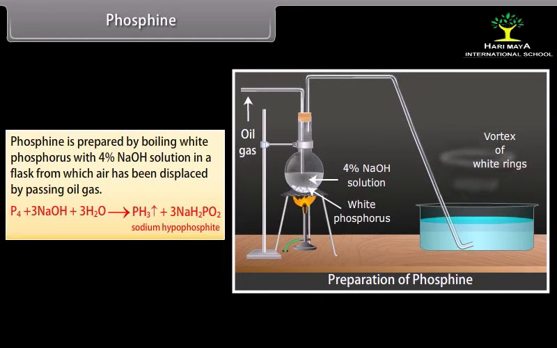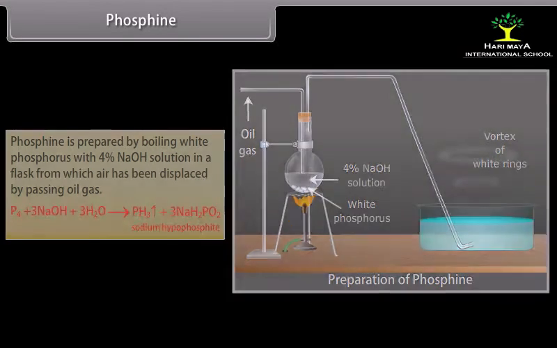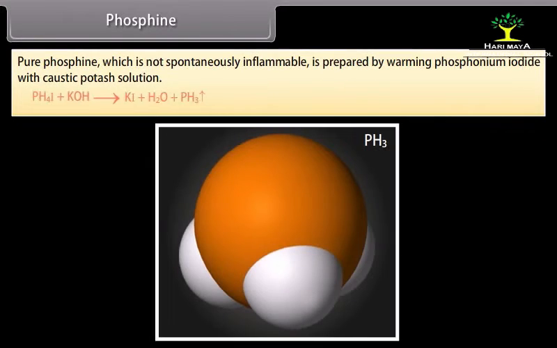Impure phosphine bursts into flames as it comes in contact with air and forms vortex of white rings of P4O10. Pure phosphine, which is not spontaneously inflammable, is prepared by warming phosphonium iodide with caustic potash solution.